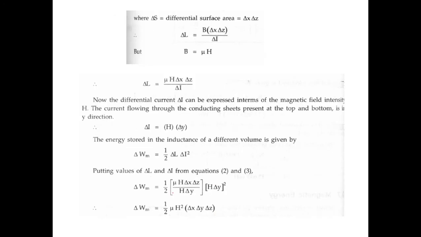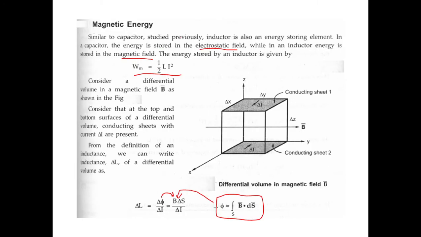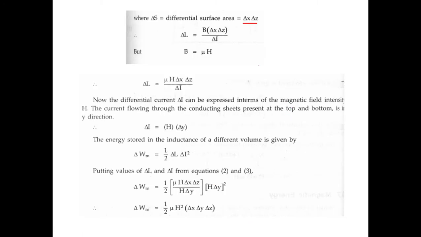Where delta S is the differential surface, that is delta X, delta Z, because we are considering delta X and delta Z, the height. So this is the surface we are considering. So delta L is equal to B into delta X delta Z by delta I.